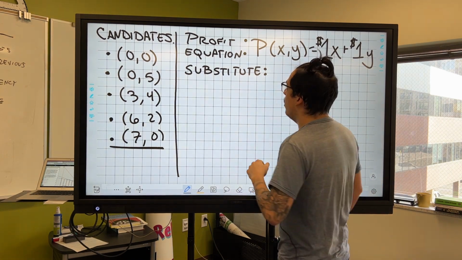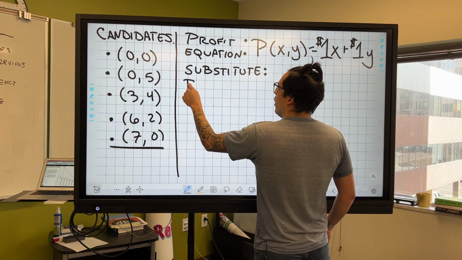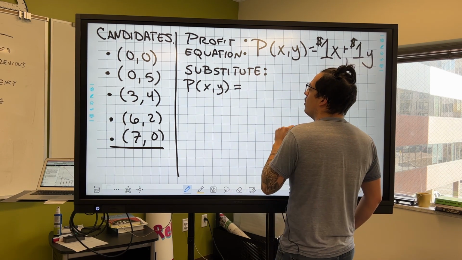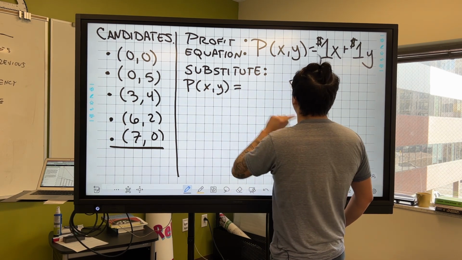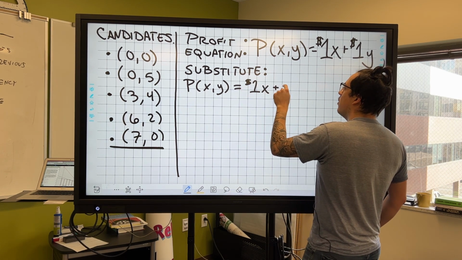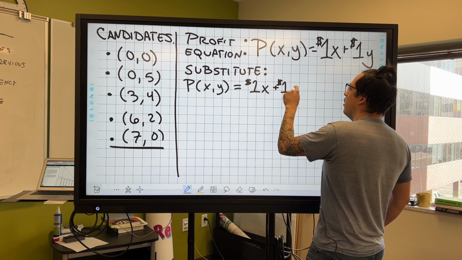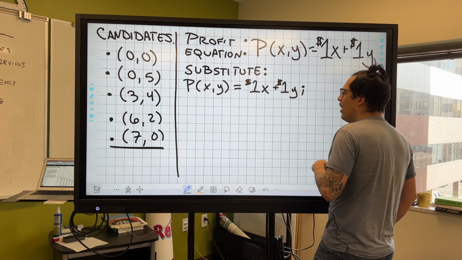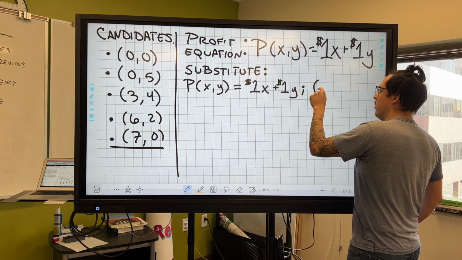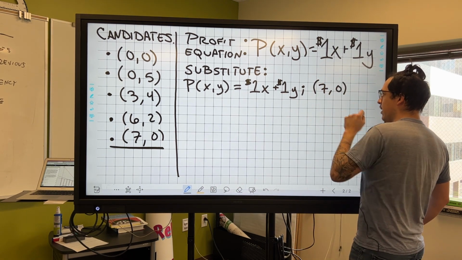So we're substituting here. My equation is P of X, Y equals, that's the profit on cars and trucks, $1 times X plus $1 times Y. And we're going to use the point 7, 0.